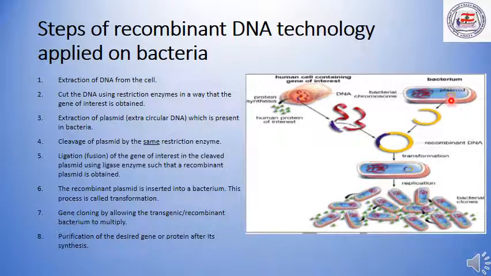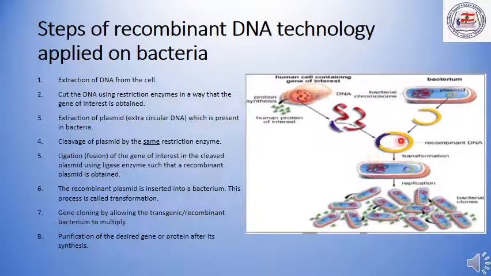Step number 4, cleavage or cutting the plasmid by the same restriction enzyme previously used. Step number 5, ligation or the fusion of the gene of interest in the cleaved plasmid using ligase enzyme such that a recombinant plasmid is obtained.